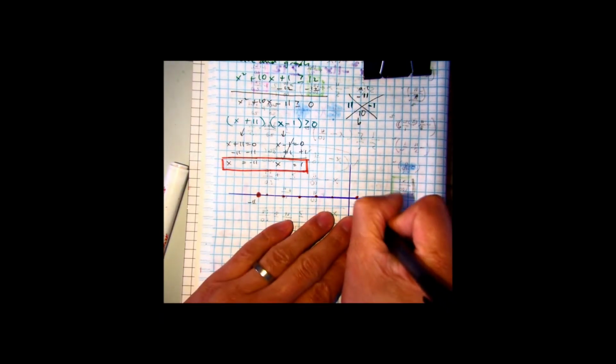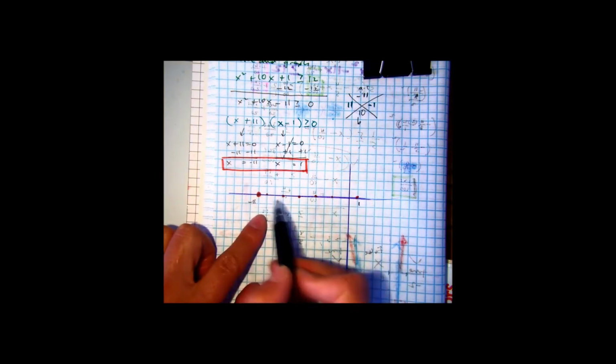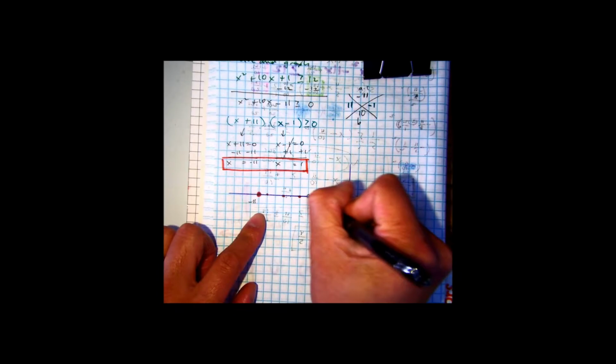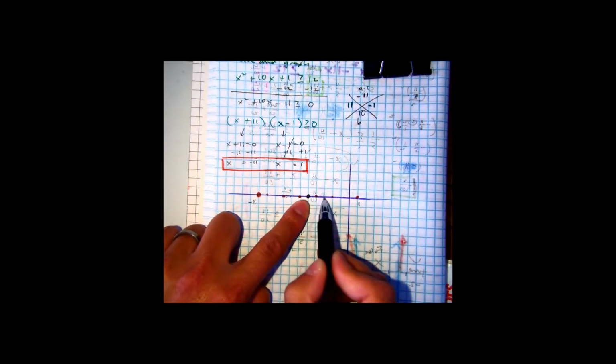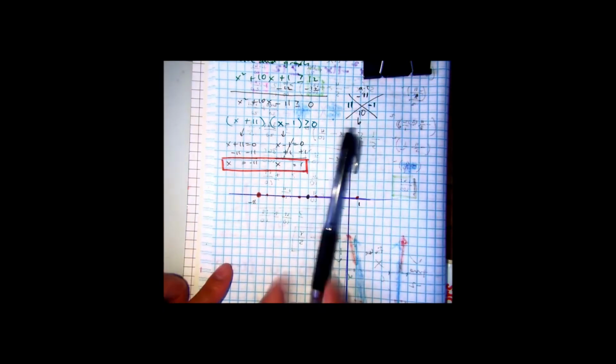Mark that. Positive 1. The nice thing about this problem is that it is symmetrical. There's a distance of 12, so the midpoint is 6. 1, 2, 3, 4, 5, 6. So I know that my graph's going to be folded in half on this line of symmetry.